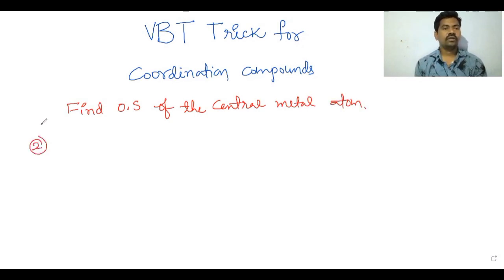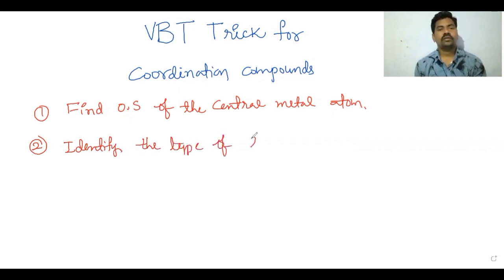Then second, identify the type of ligand, whether it is a strong field ligand or a weak field ligand. Two types are there, strong field ligands and weak field ligands.